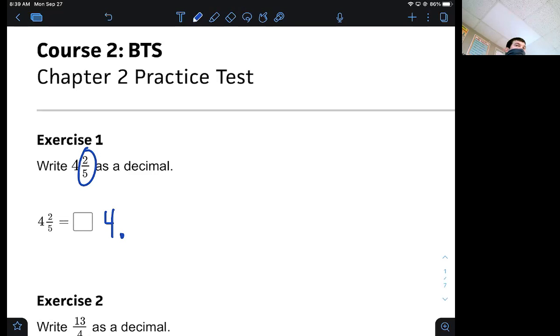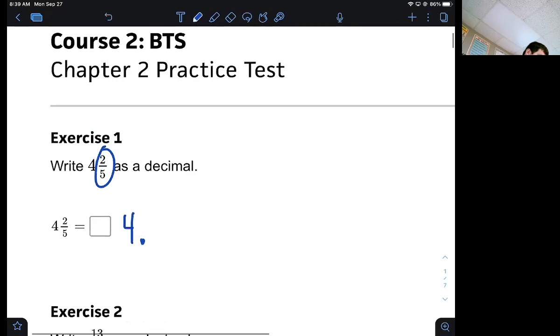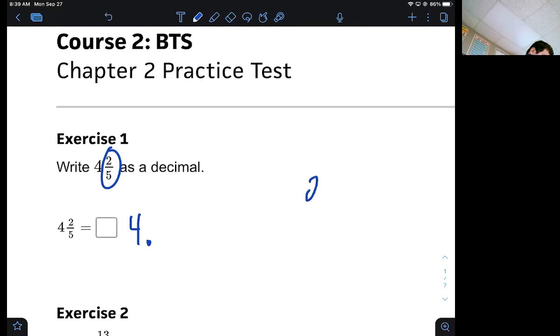I see what you're saying, Ashlyn. Anybody? Really? We can't remember how to turn a fraction into a decimal? Maddie? That's right. Top divided by bottom. Yeah, that's how you can turn any fraction into a decimal.